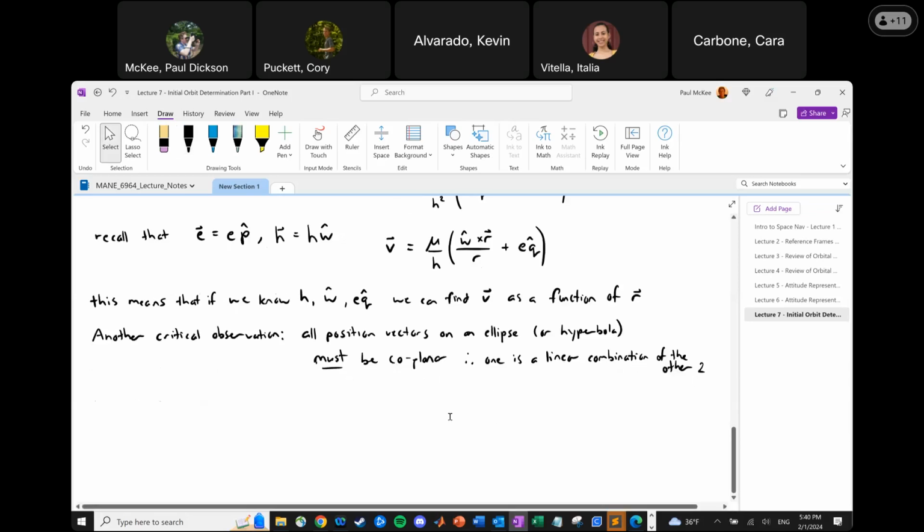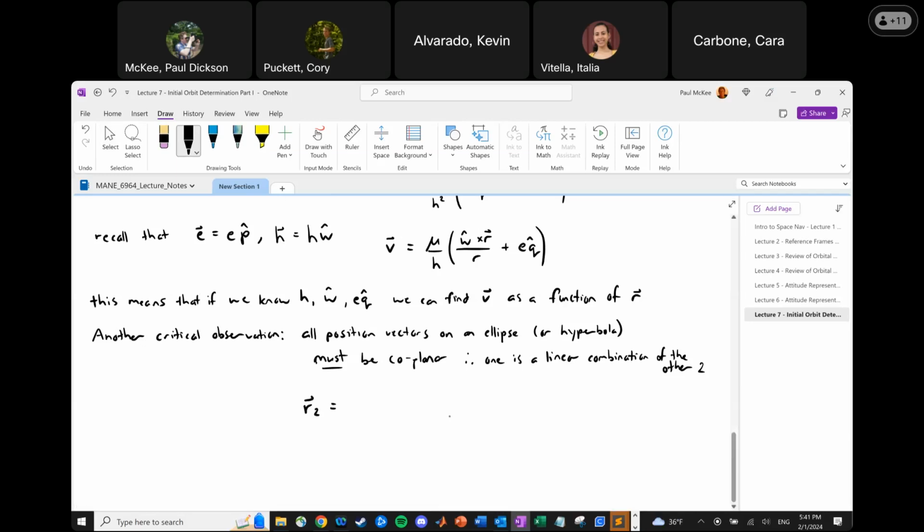But what I'm saying is, if we know that there are three position vectors and they all are in a flat plane, that means that some combination of R1 and R2 must give you R3, or some combination of R1 and R3 must give you R2. And so that's what we're going to say. We're going to say that R2 is some coefficient times R1 plus some coefficient times R3, where C1 and C3 are unknown, and we are going to find those later.